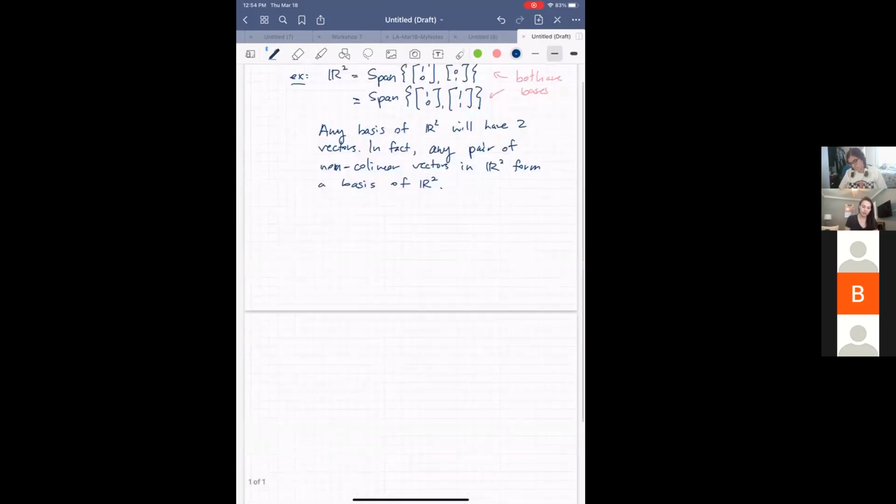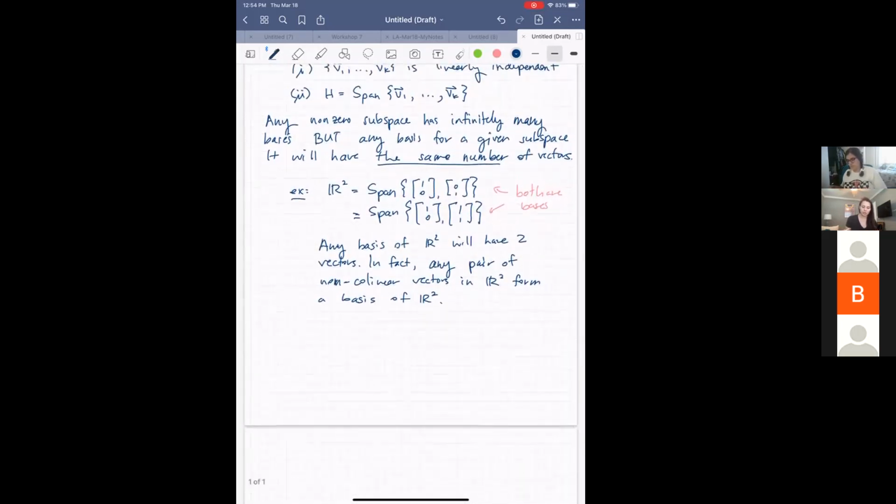So there is one basis that is important. Considering Rn, this has a natural basis. It's where we take all of those coordinate vectors, E1, where we have just one in the first coordinate and zeros everywhere else.